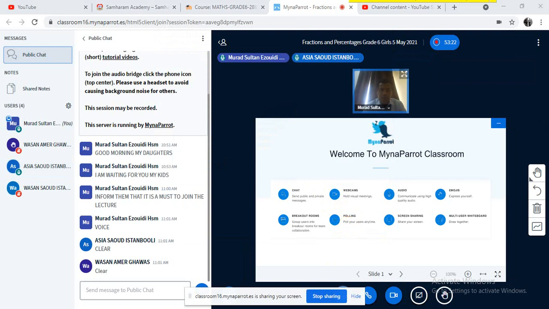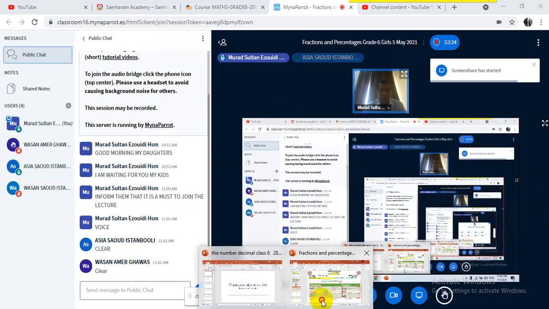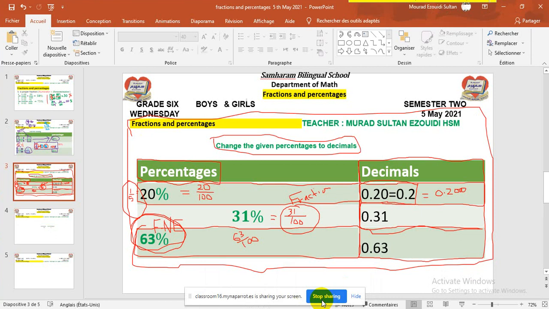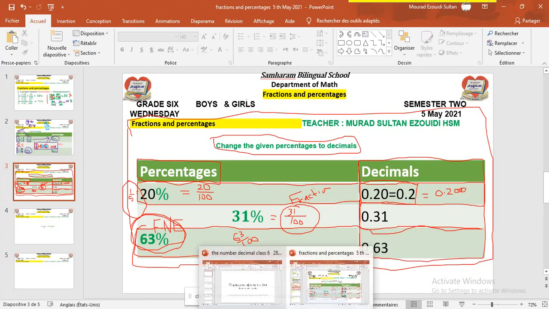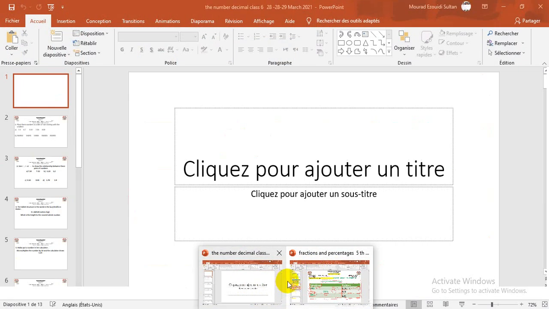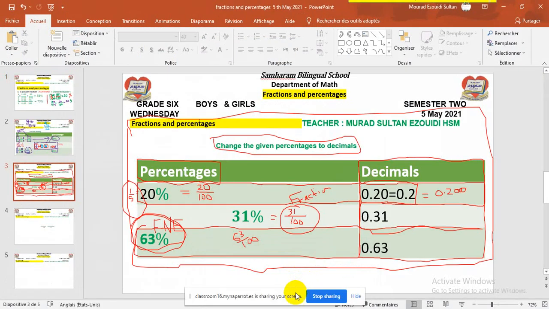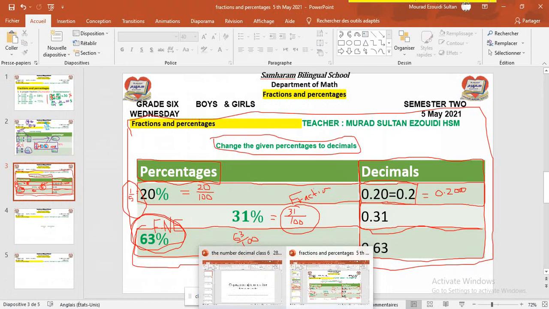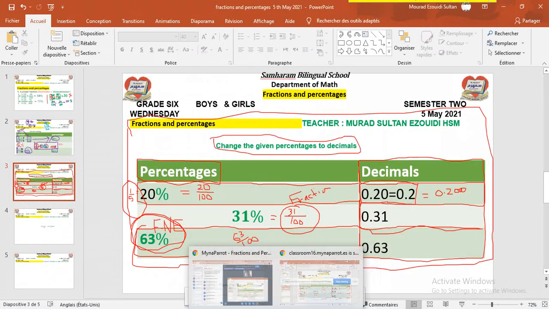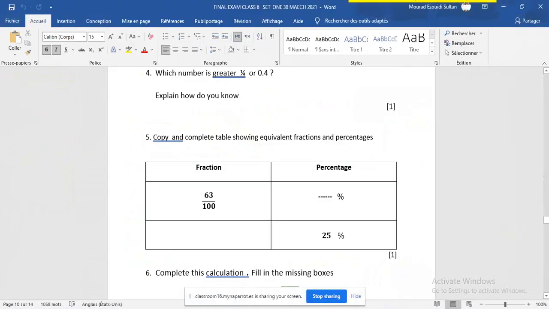So you can see the screen, my daughters. You can see the screen. Yes? Yes. Okay. Now I will show you something.